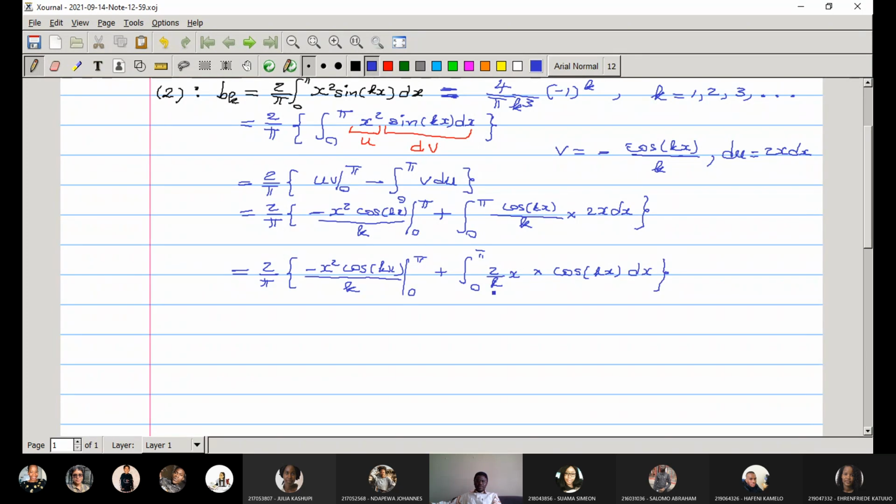So this time we can call this expression, all this, if you don't want to take 2 by k out of the integral, you can just call that u, and this dv.